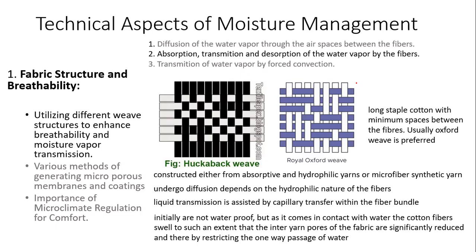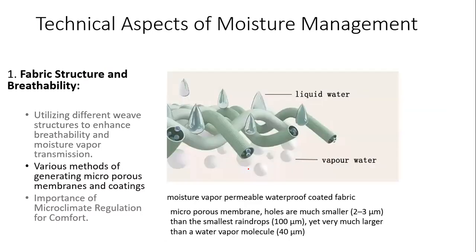Most of the time, we never look into the structure, but we talk about technical textiles and high performance textiles by having high level technical fibers. But this is a very important area, where you look at fabric structure and breathability through different woven or knitted structures. Right.